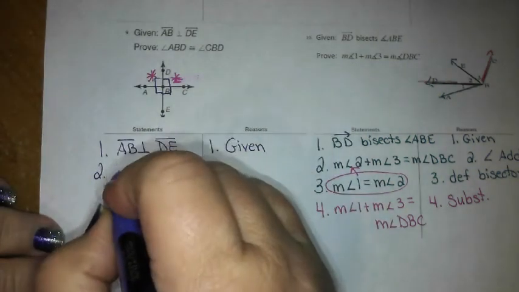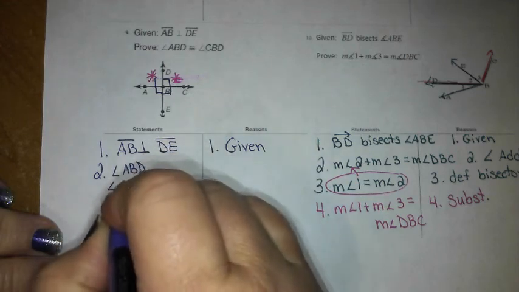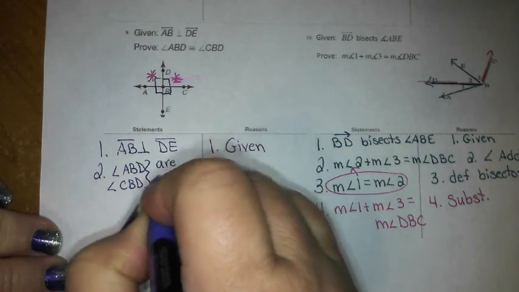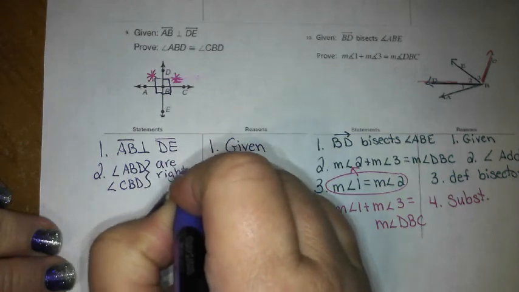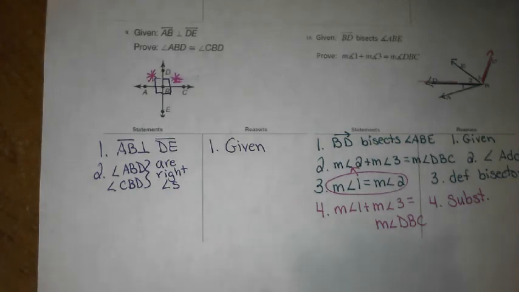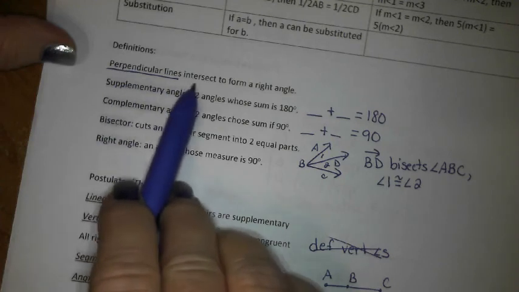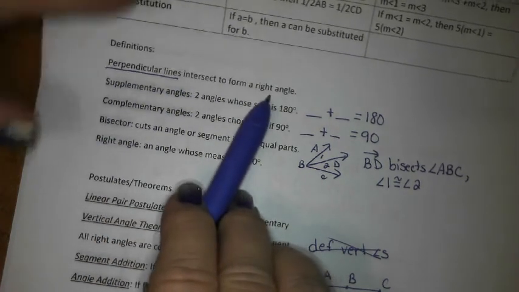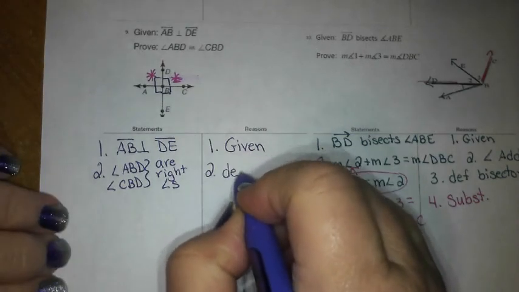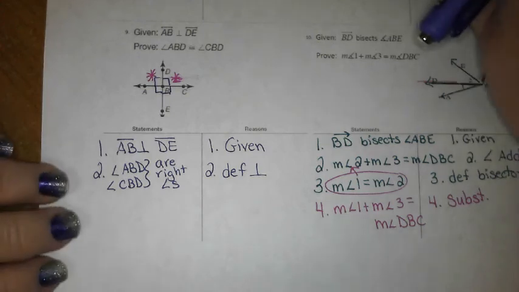So I'm going to say angle ABD and angle CBD are right angles. And remember why they're right angles? It's right here. The definition of perpendicular lines makes right angles. So number 2, definition of perpendicular. You're welcome to use that symbol if you don't want to write that word.